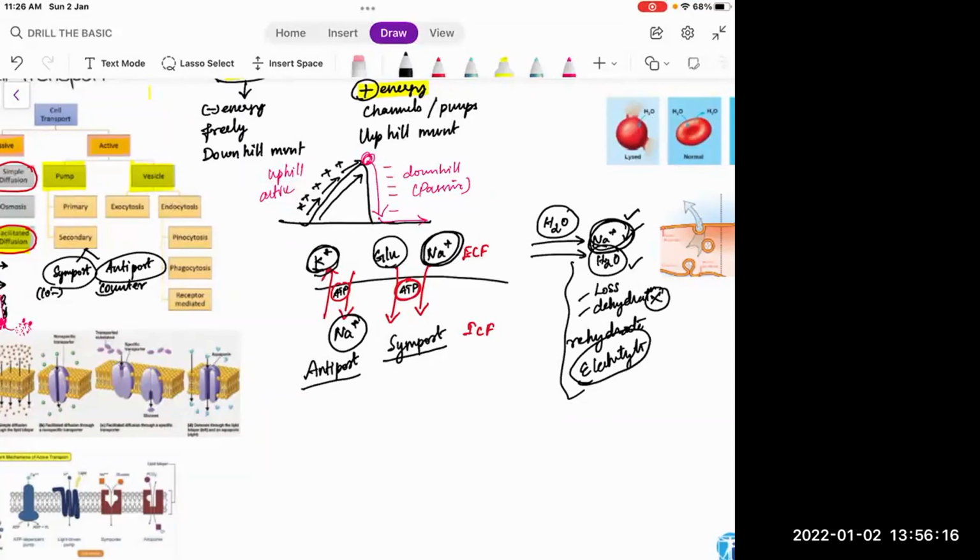If you want to transport fluids present inside the vesicles, you need the special carrier transport called exocytosis and endocytosis, which you call vesicular transport. So exocytosis and endocytosis, vesicular transport.